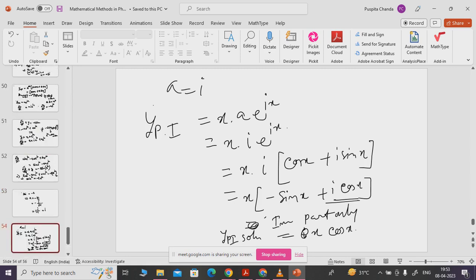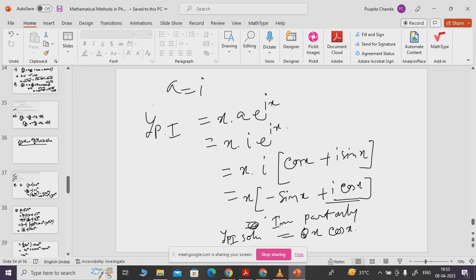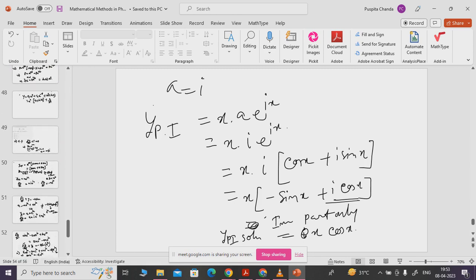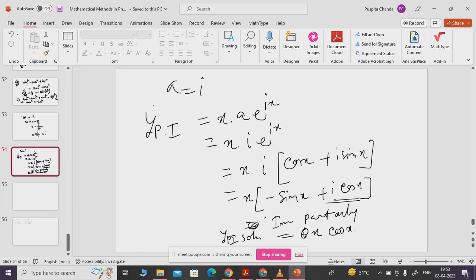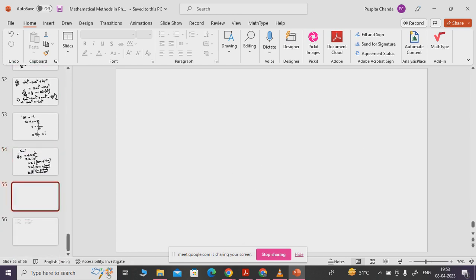If you would have solved the equation with the variation of parameters method, you would get the x cos x solution directly, but here you need to consider the imaginary part.